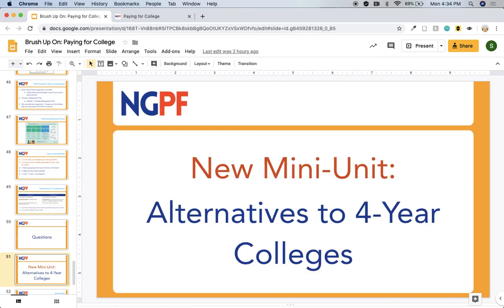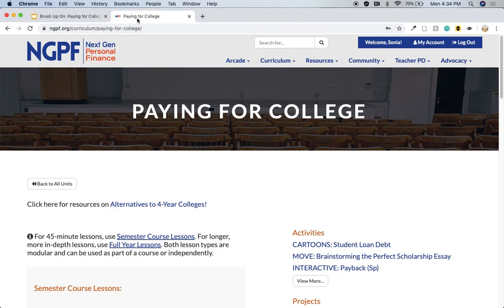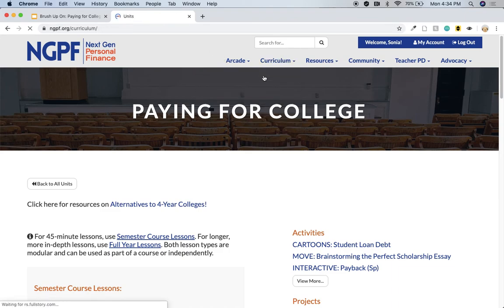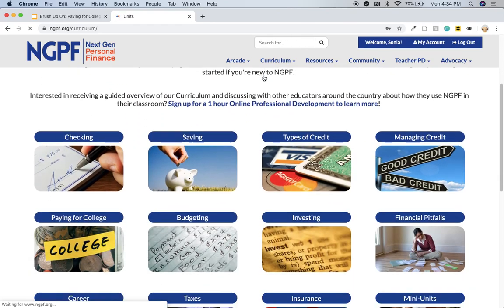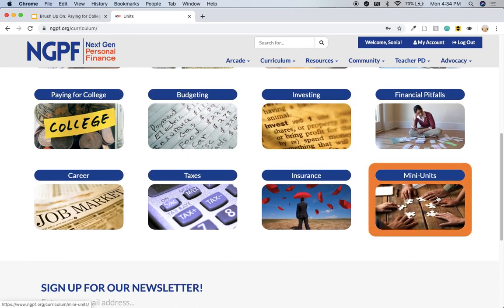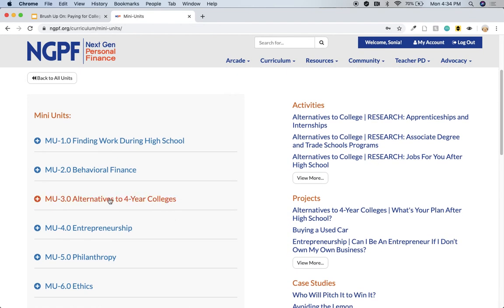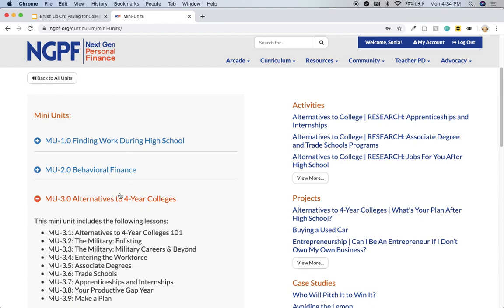I do want to also highlight that we have a really awesome new mini unit that we released for alternatives to four-year colleges. You can find that by going to the curriculum, going to units, scrolling down and going to the mini units section. It's mini unit number 3, alternatives to four-year colleges.